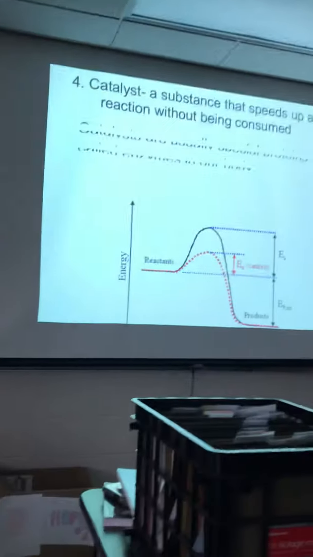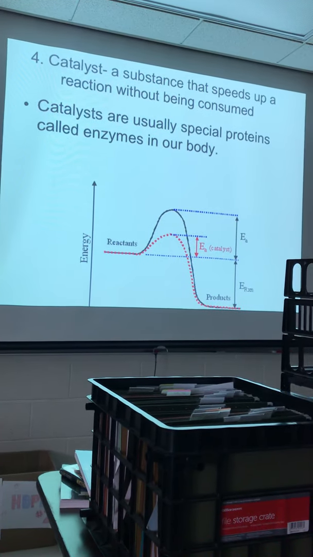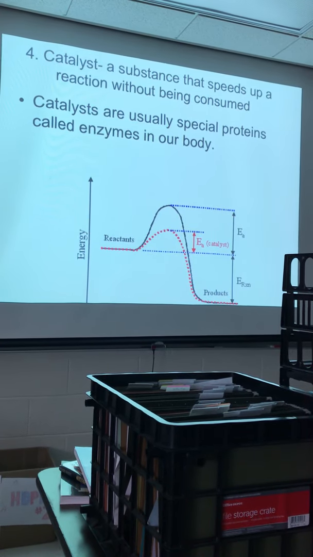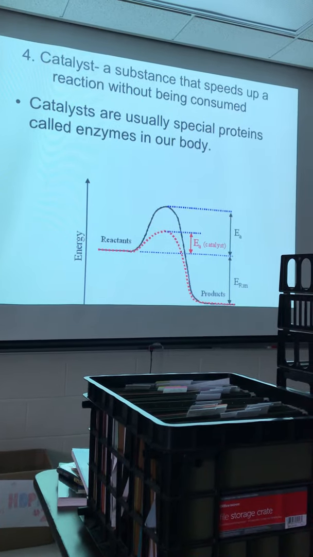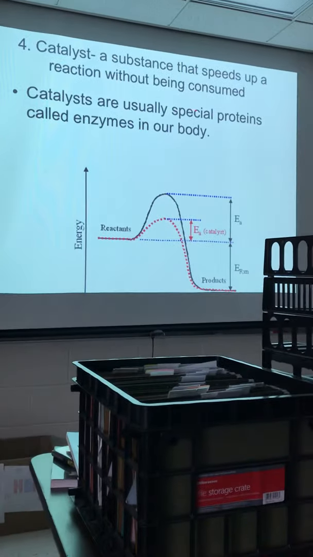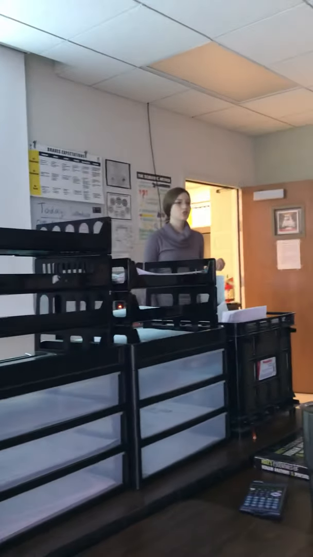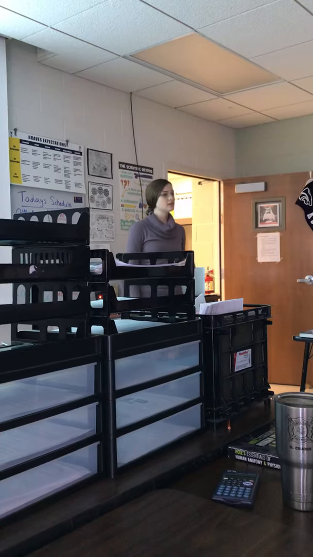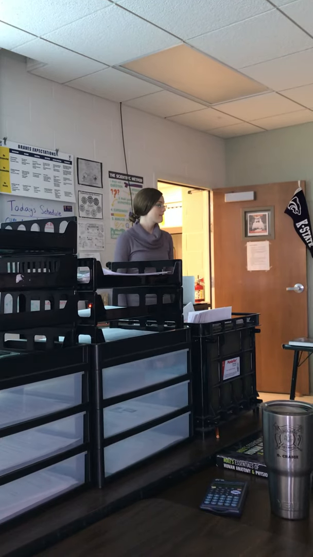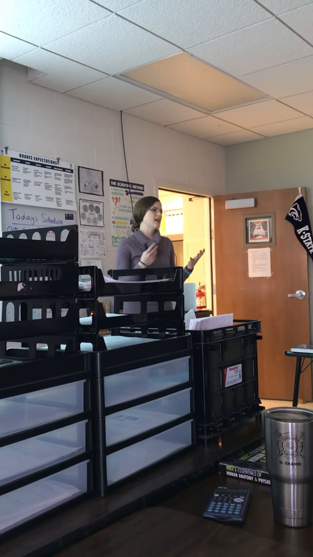Alright, and then the last one is about the catalyst. If you remember from our reaction on Friday, the catalyst was what we added to make the reaction happen, right? The potassium iodide? Very good. There are usually special proteins in our bodies called enzymes that actually make the reactions happen. We have an enzyme in our body that breaks down hydrogen peroxide. Did you know that? It's in your blood.